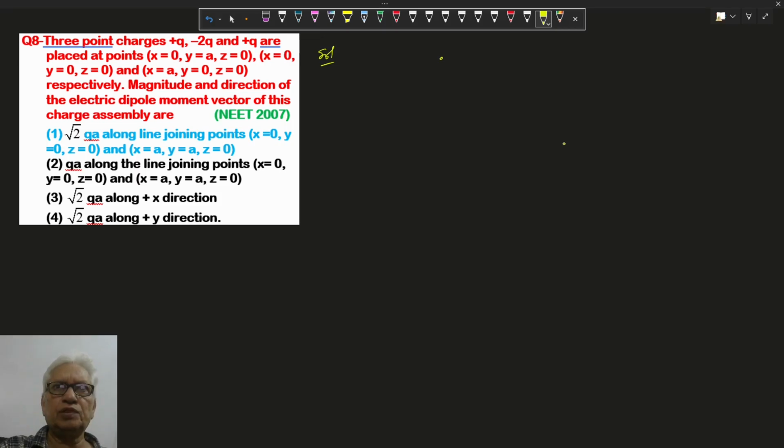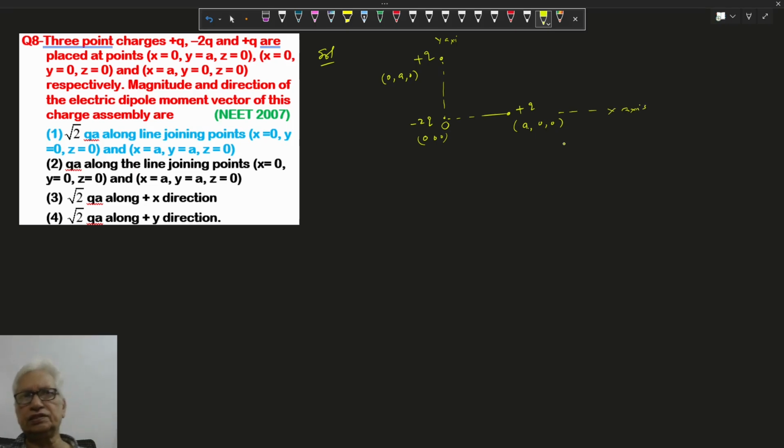In this question, charges positive Q and charge negative 2Q, and a positive charge is placed at a position, say, 0 A 0, meaning on the y axis, and this is the origin O, and this is say A 0 0, meaning on the x axis.